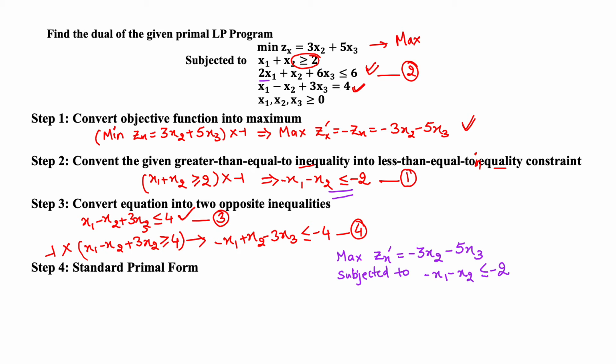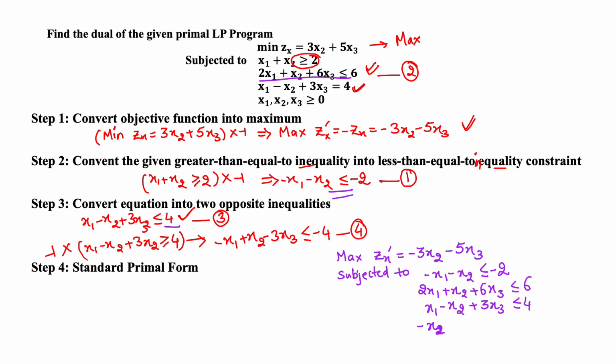Second one will remain same, so it is 2x1 plus x2 plus 6x3, which is less than equals to 6. Third is this one, which we get from equality constraint, and next again we have got from equality constraint.